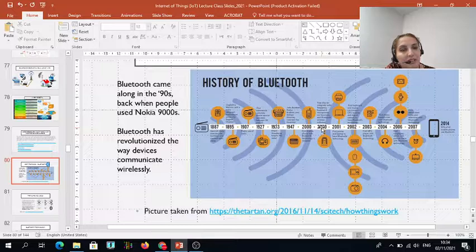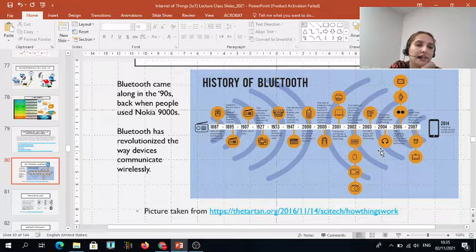Then other gadgets started to have Bluetooth: printers, computers, keyboards, mouse, cameras, and many other gadgets. Nowadays, many people have headsets that don't use wire like mine, so they are using Bluetooth. Smartwatch is another one, and so on. Tablets and almost everything, even TV at home, has Bluetooth. So you can see how that affected many electronic devices during this time.